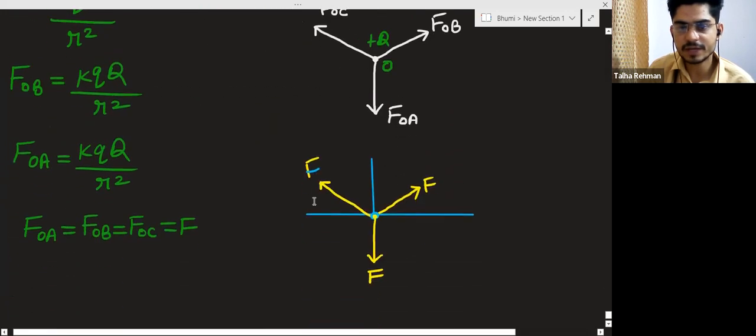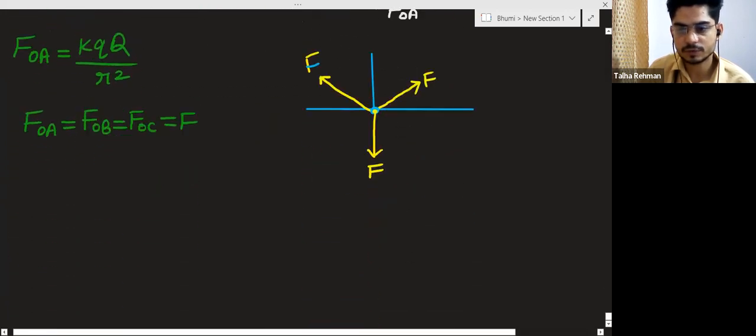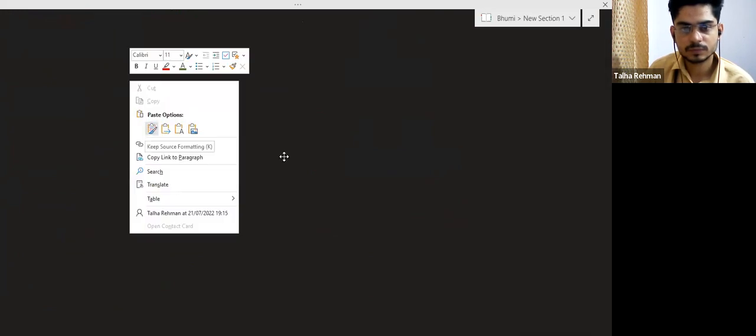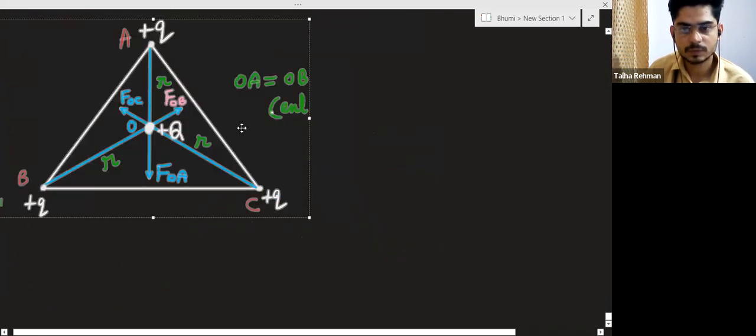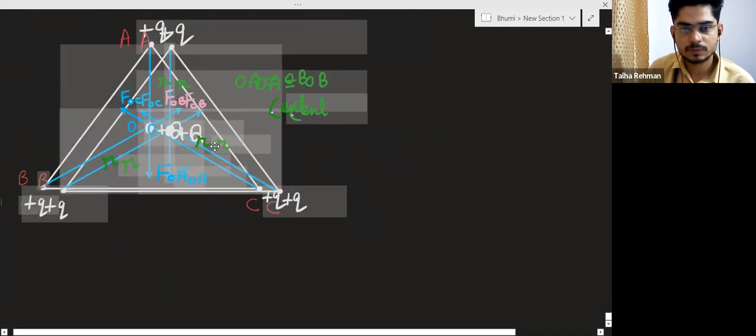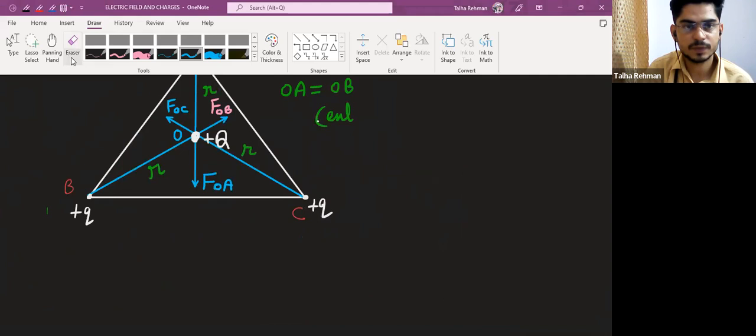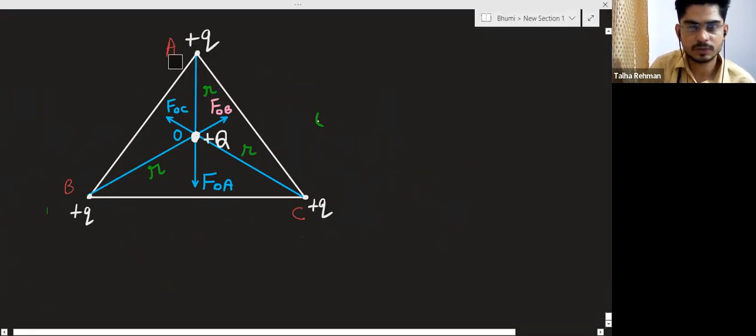This time we are calculating the angle of force. I am just removing all these things.